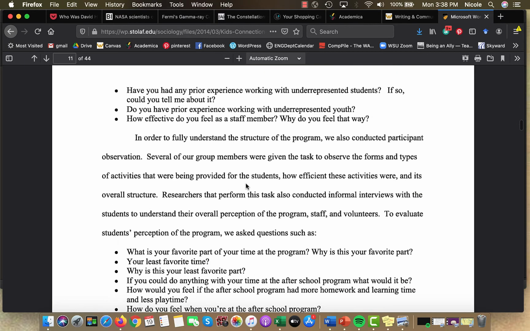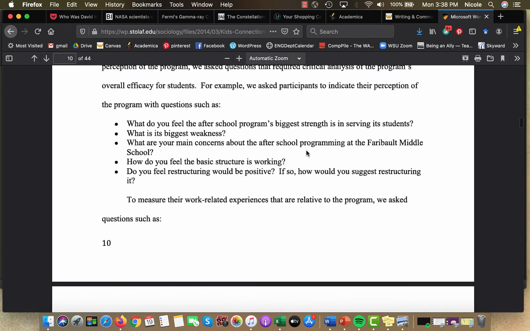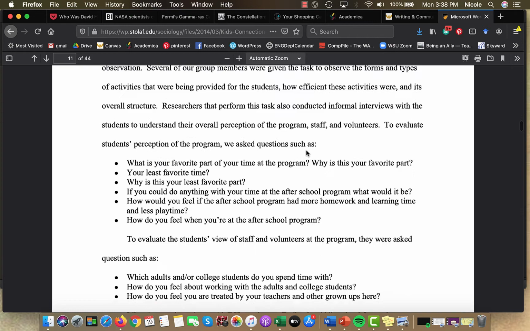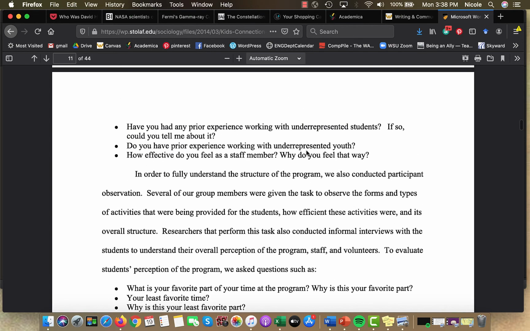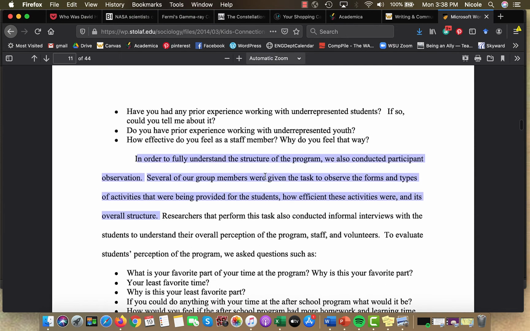One thing I would say is that as a reader, even though all these specific questions are really good, there's precious little explanation of the rationale for each set of questions. We have this couple of sentences here to describe the participant observation, but for me, I want to know more about what this task to observe the forms and types of activities, what does that look like?